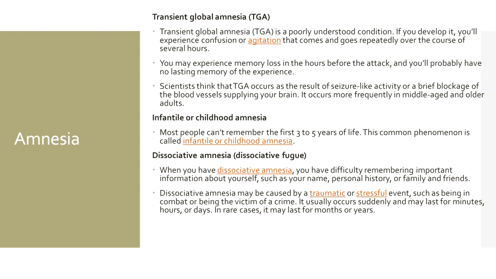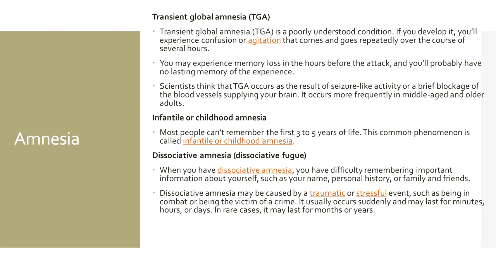Infantile or childhood amnesia, no? This is when people can't remember the first 3 to 5 years of their life. This is a common phenomenon and is called infantile or childhood amnesia. Dissociative amnesia or dissociative fugue, no? This is when you have difficulty remembering important information about yourself, such as your name, personal history, or family and friends.